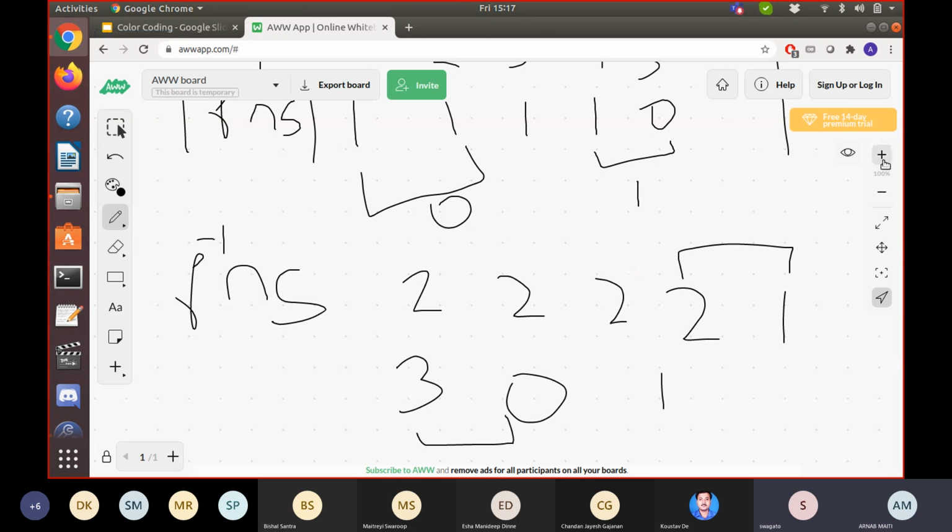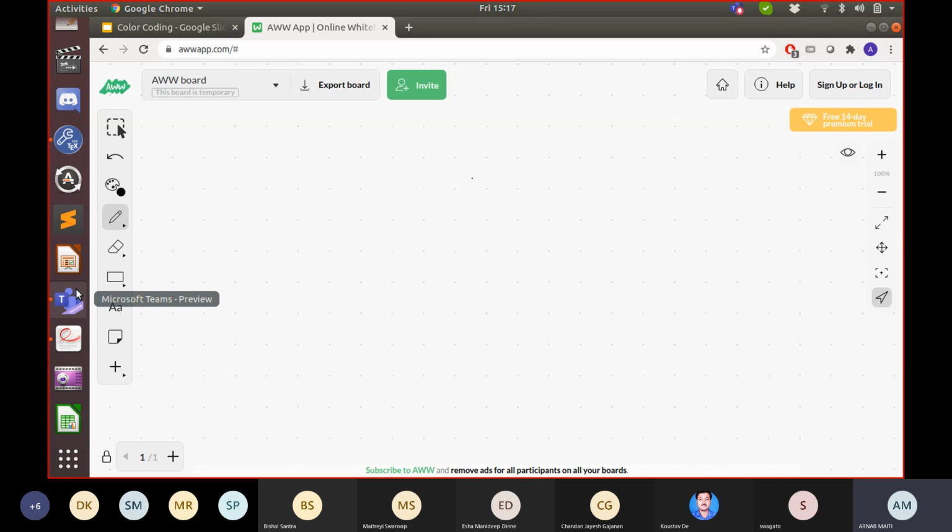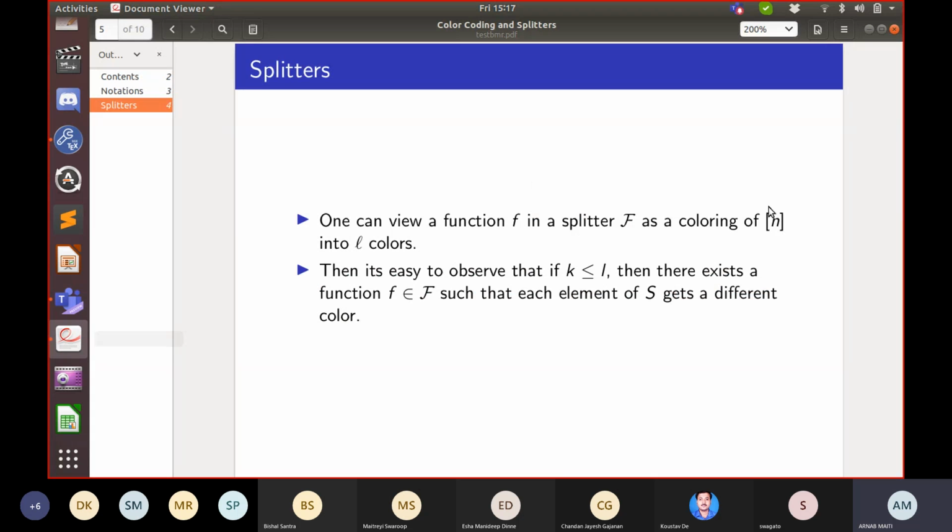One easy construction can be all functions. Yes, all possible functions is one direct naive way. In that we'll always have one function which will satisfy this property because all functions are there.